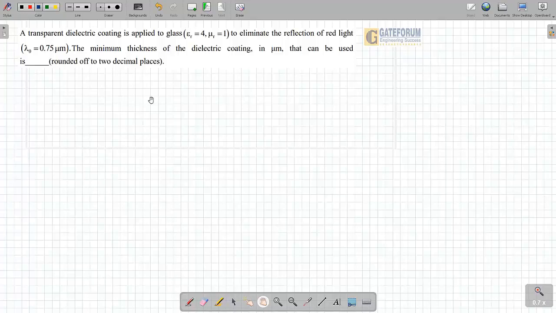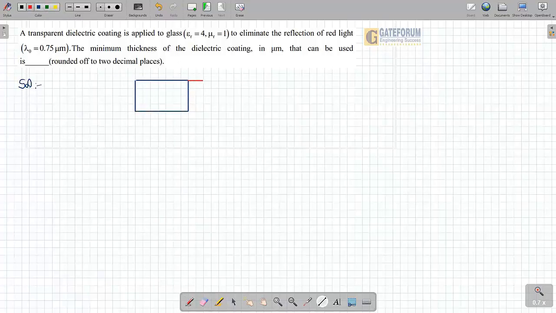Okay. So actually you see there are three mediums in this. If I draw this properly, there is a glass, then there is a dielectric coating here.